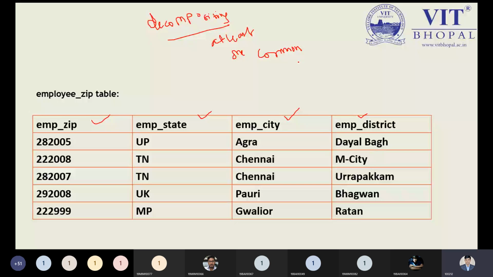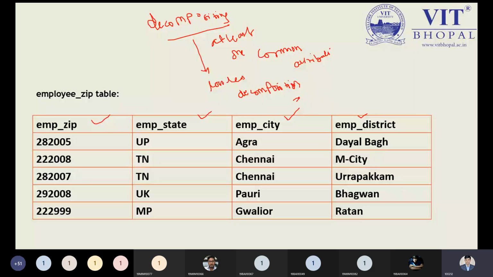So we are not having a lossy decomposition; we have a lossless decomposition. One common attribute and uncommon attributes, and it must be a lossless decomposition. So definitely this would be our answer. This would be our solution.